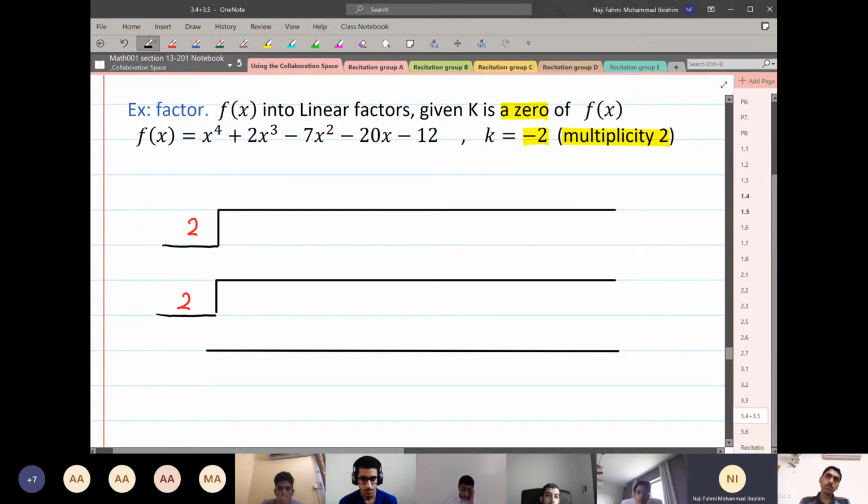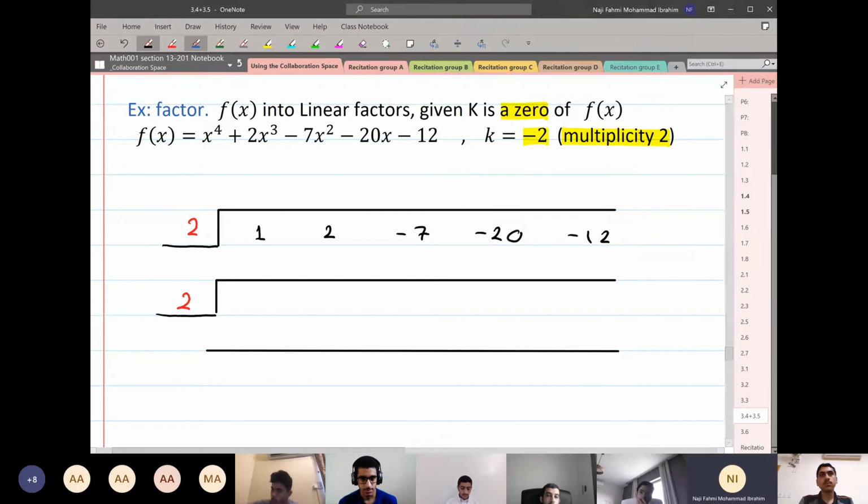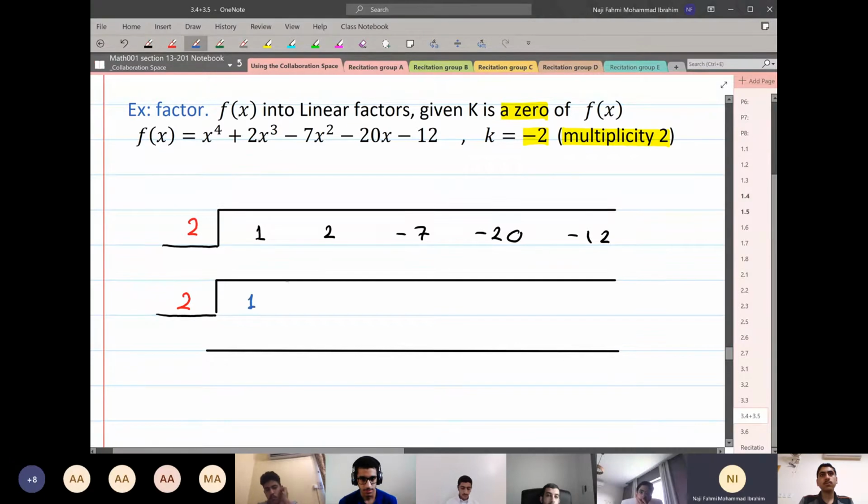Let's put the coefficients now. We have 1. Do we have any missing power? No. If we have a missing power, we said we should put 0 for that missing power. Now let's start dividing. 1 goes down. 2 times 1 is 2. 2 plus 2, 4. 2 times 4 is 8. -7 plus 8 is 1.